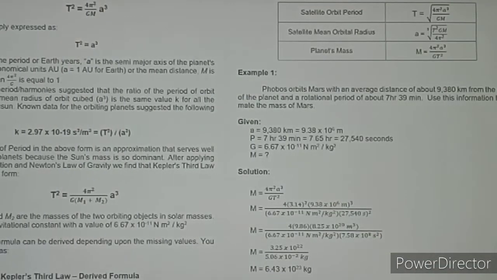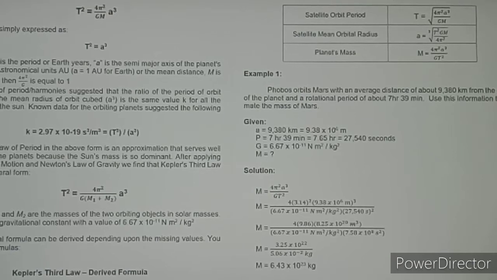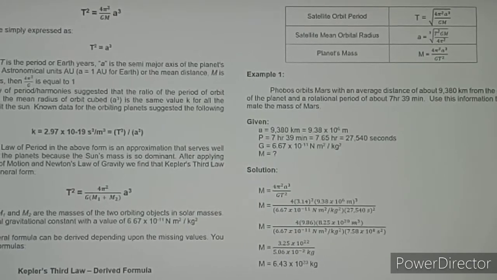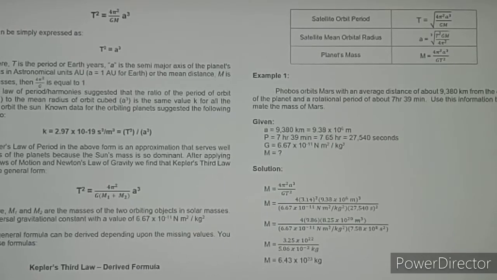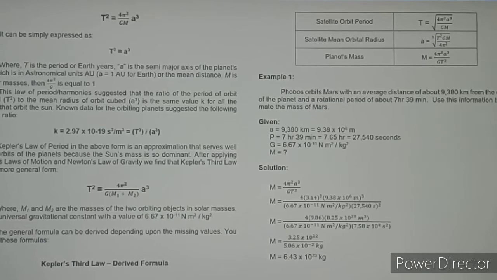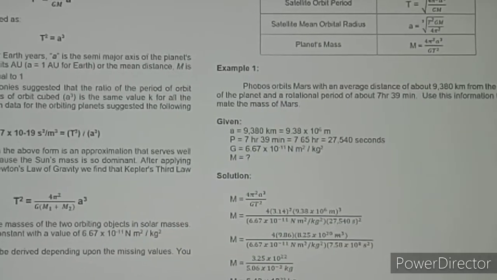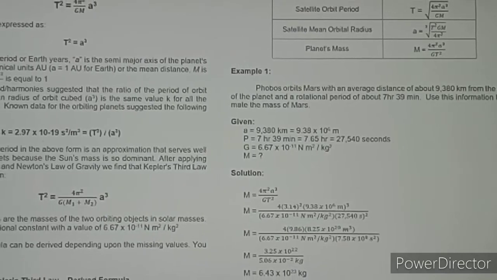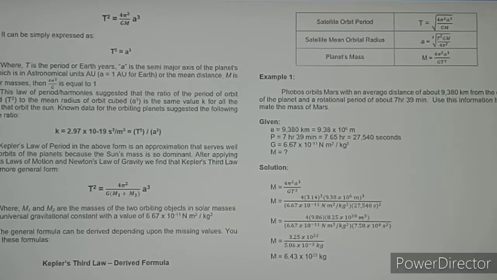Okay? Divided by the product of the universal gravitational constant, which is 6.67 times 10 raised to negative 11 Newton m squared over kilogram squared, times the time or the satellite orbital period, which is 27,540 seconds squared.